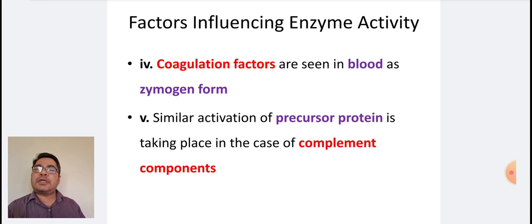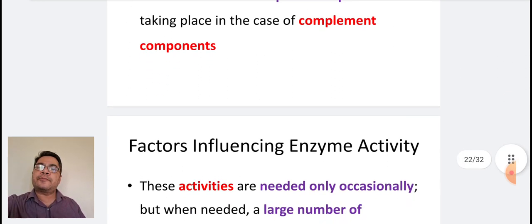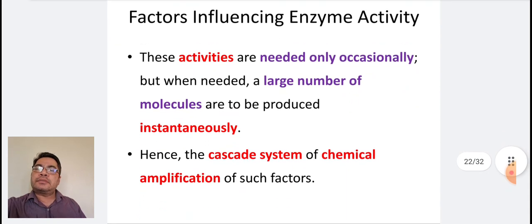Similar activation of precursor protein is taking place in the case of complement components. These activities are needed only occasionally, but when needed, a large number of molecules are to be produced instantaneously. Hence, the cascade system of chemical amplification of such factors is seen.